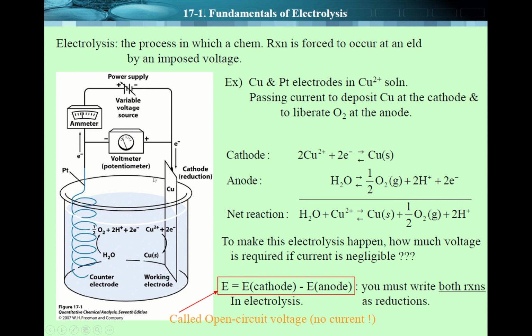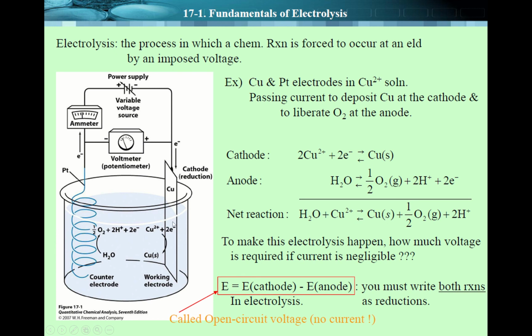Current begins to flow. Let me explain once again. When you put the negative terminal to this electrode, the electrons are coming out of this negative terminal, right? And then electrons are directed to this copper metal.